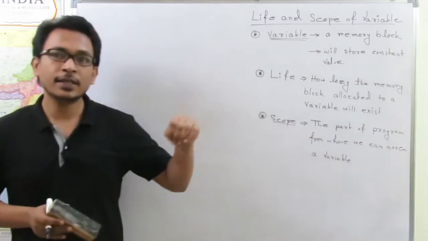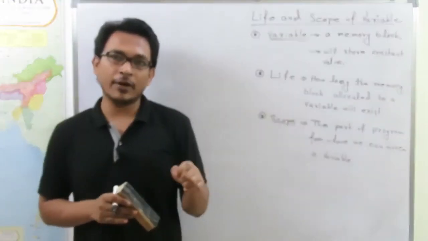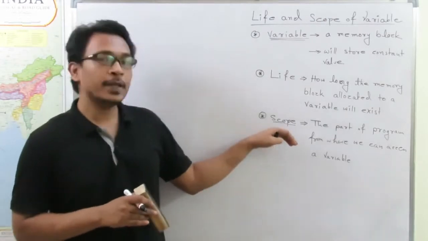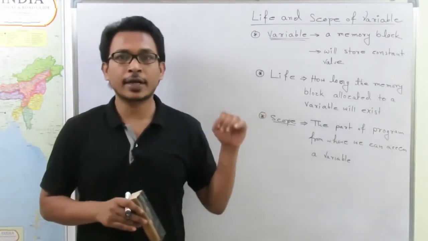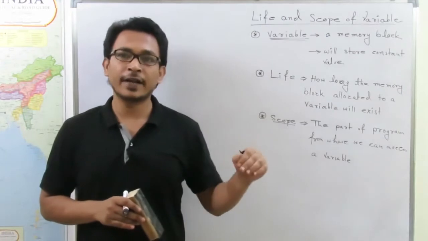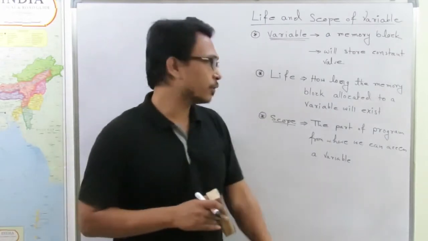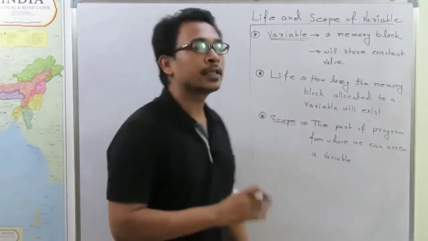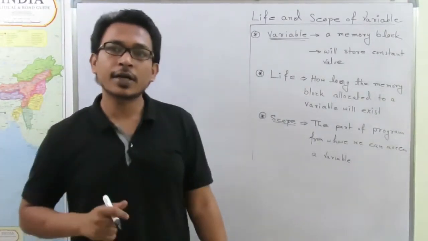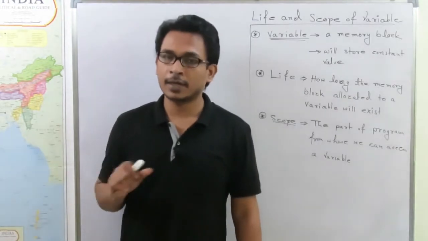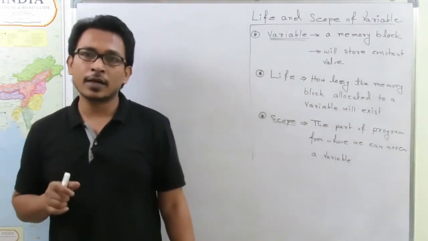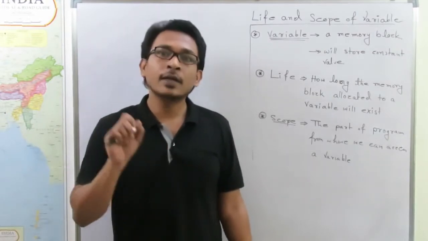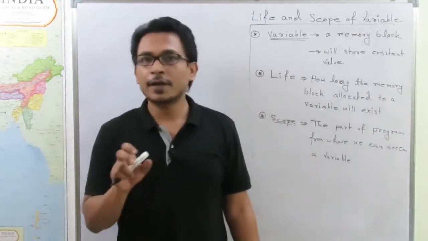So what does life mean? Life means how long the memory allocated for a variable will exist in the memory, and scope means from where in the program we can access that particular variable. So now how do these two things differ? Now look, we already covered the function part. In a function we learned how memory is allocated whenever control starts execution of a particular block.